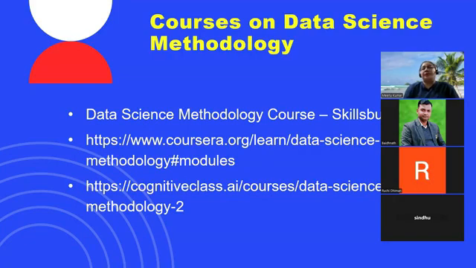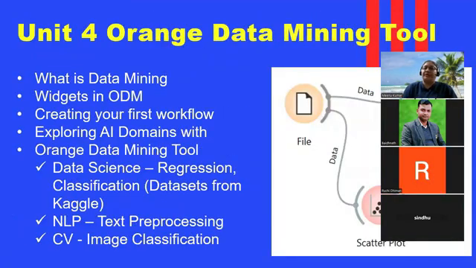Okay. Next, I come to Orange data mining tool. As I told you, if you want to have the students start with their capstone projects, it's important that you do the data science methodology, the Python programming chapter, and Orange data mining tool chapter in the beginning itself. So that at least all these three topics are covered, then students can start working on their projects. At least they can start brainstorming, finding out the data sets, checking out the data, the challenges of the data they might face.